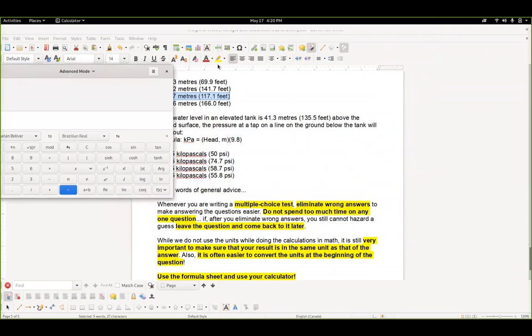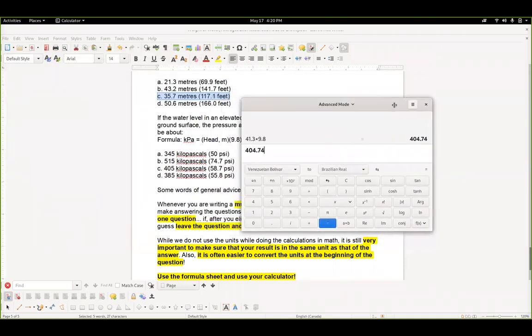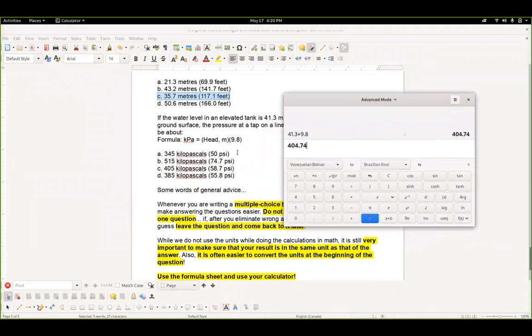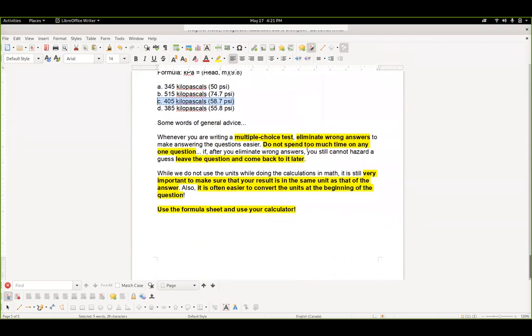We know that we were multiplying the head in meters by 9.8, so that would be 41.3 times 9.8, which gives us 404.74. If we round it to the nearest kilopascal, we get 405 kilopascals, so that's answer C.